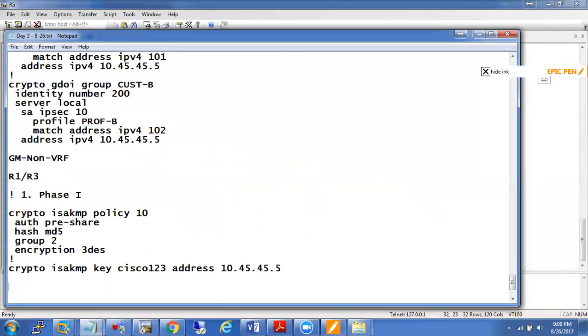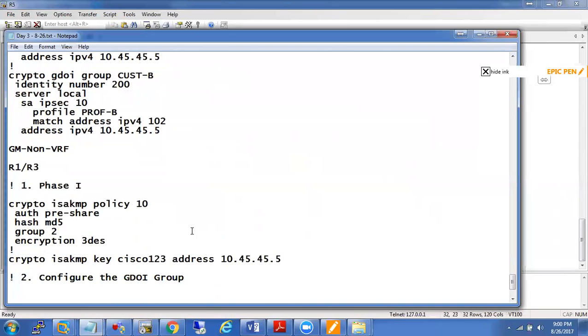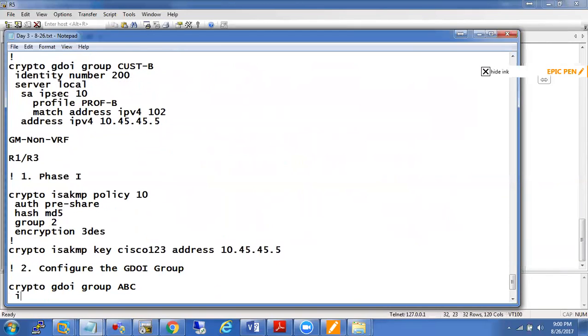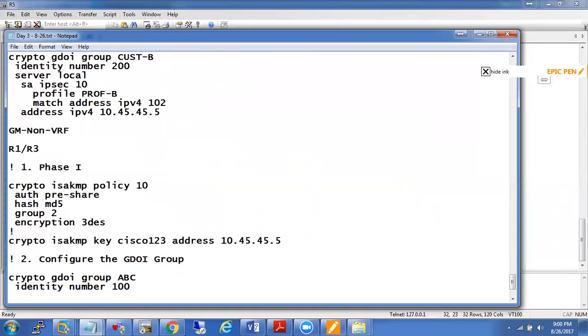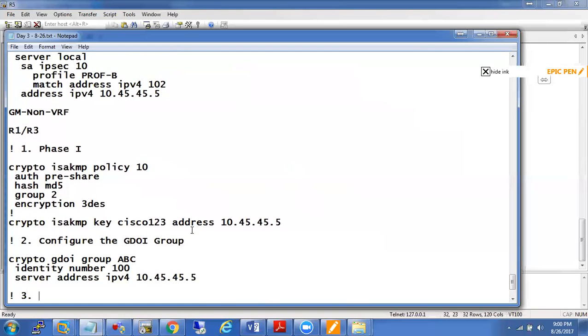Step 2 is to configure the GDOI group, crypto GDOI group ABC, whatever you want to call it. Identity number is 100. Server address is IPv4. Done. Step 3.